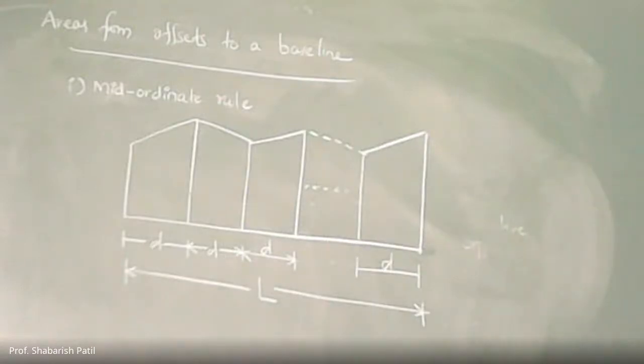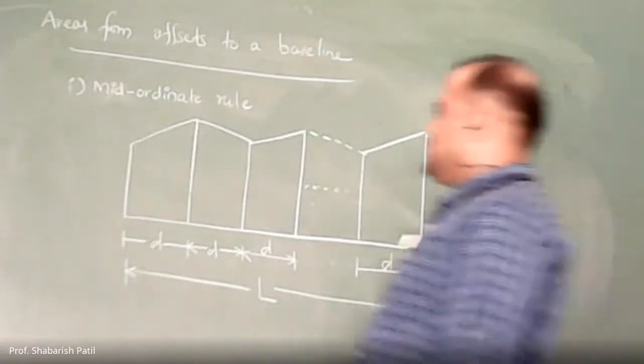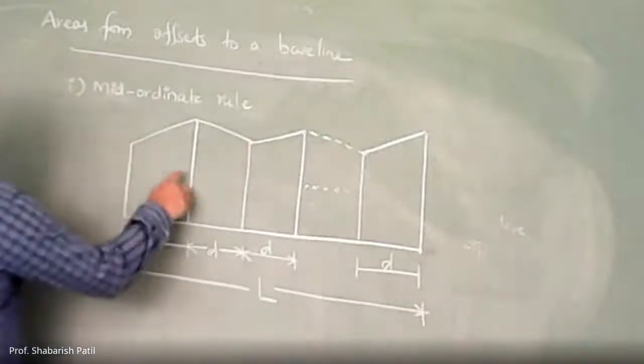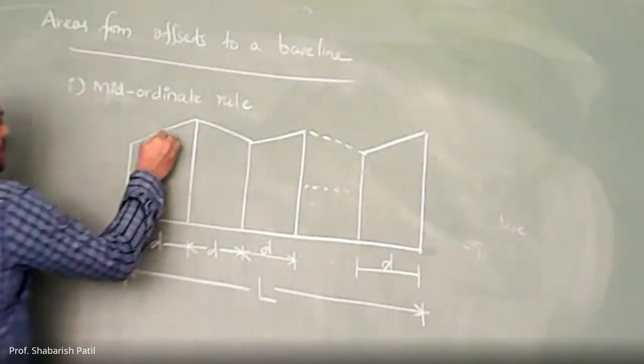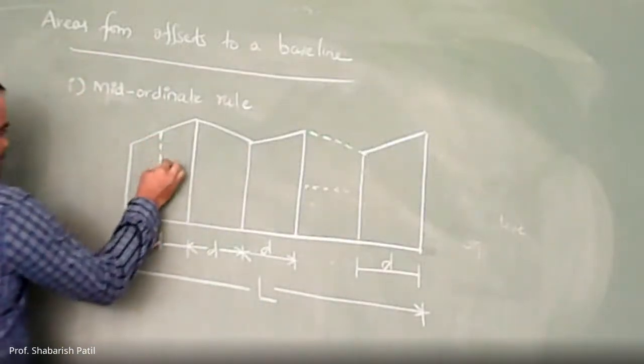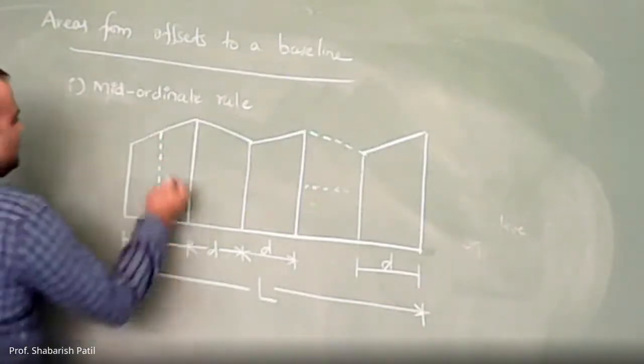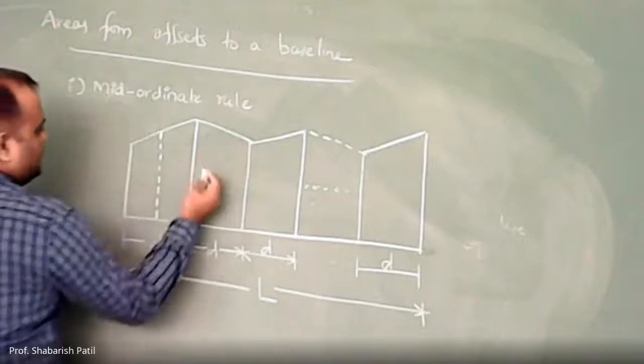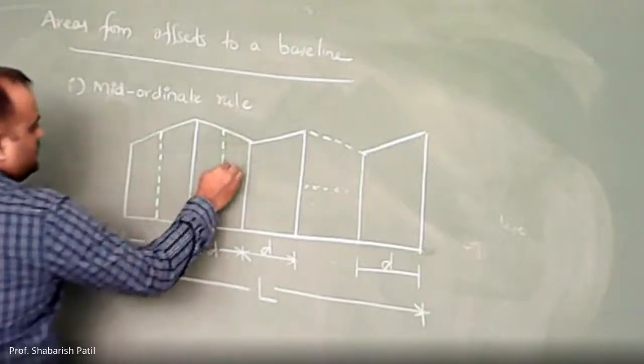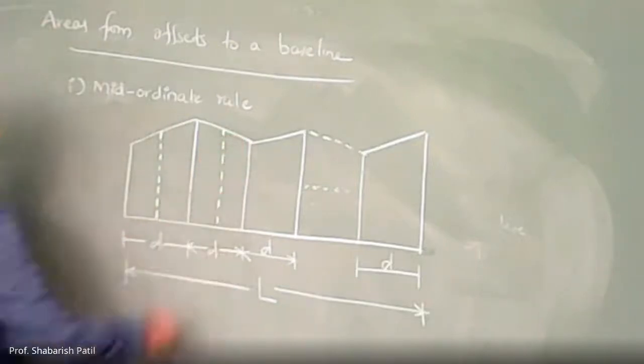If this is my first strip, then I measure the ordinate at its center. This I will call H1. Similarly, for the second strip, this is my mid-ordinate.